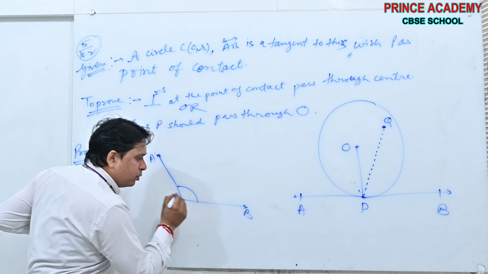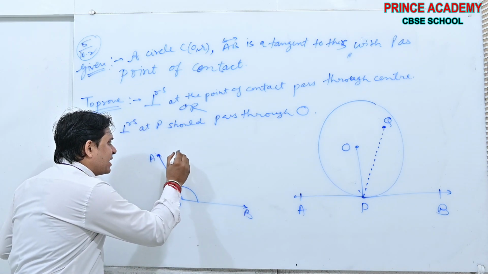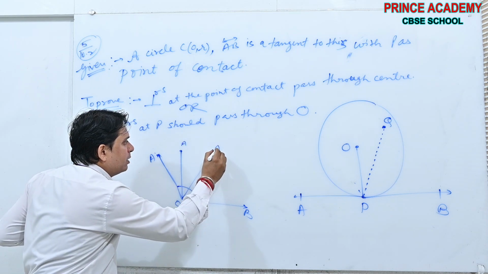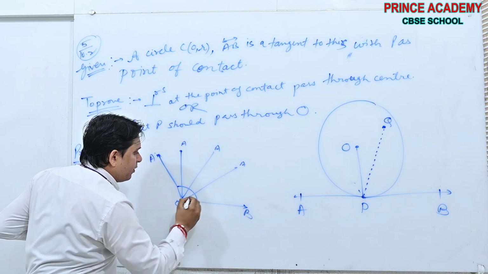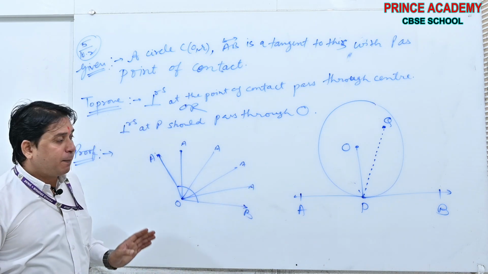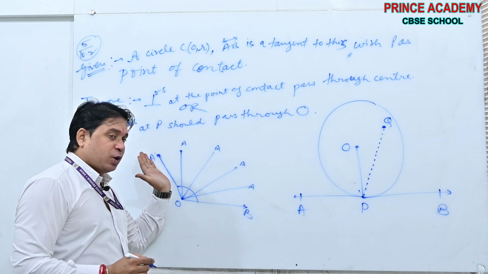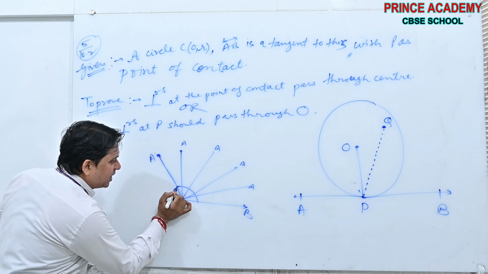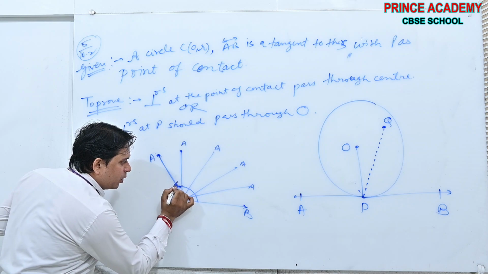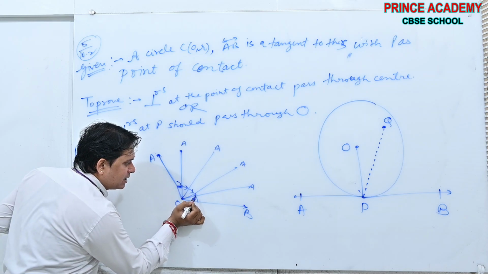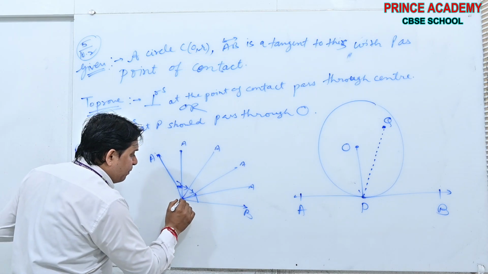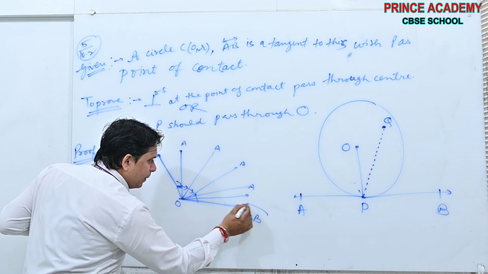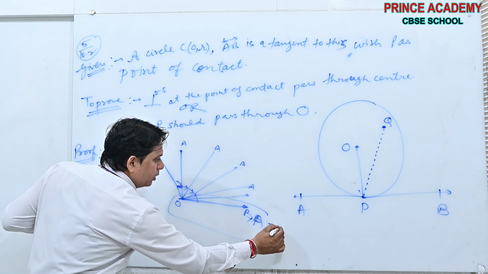Suppose A was here, the angle was like this. When I shifted A toward this, the angle was decreasing. Yes or no? At one point, when A falls on B, the angle will be 0.